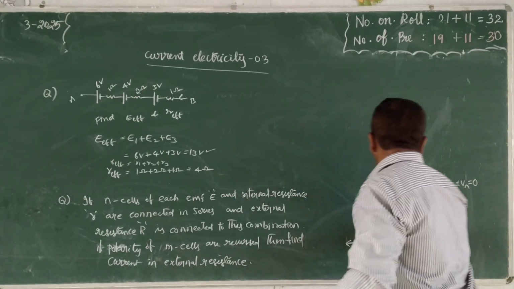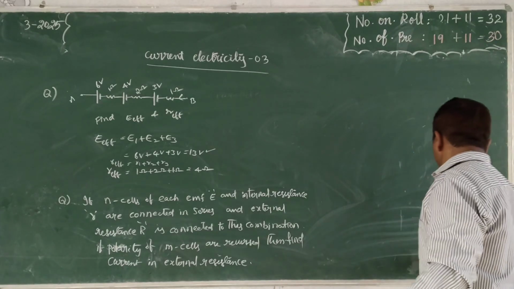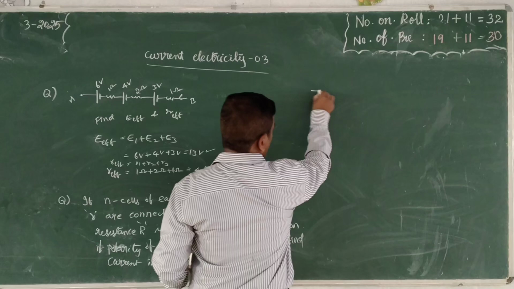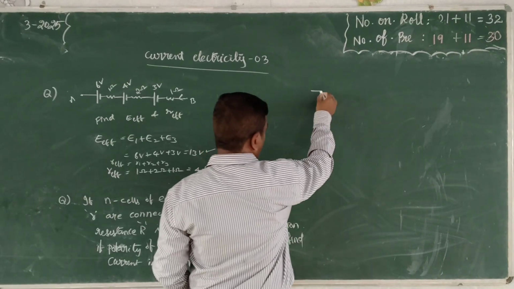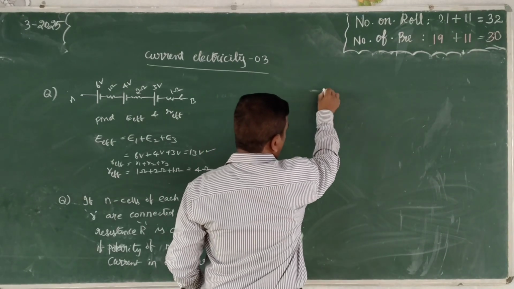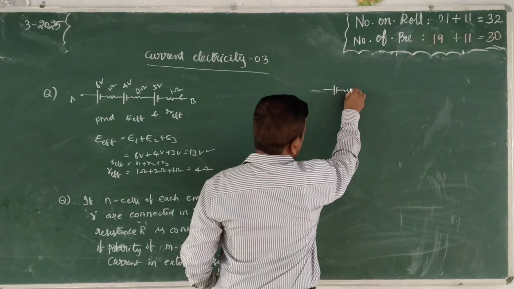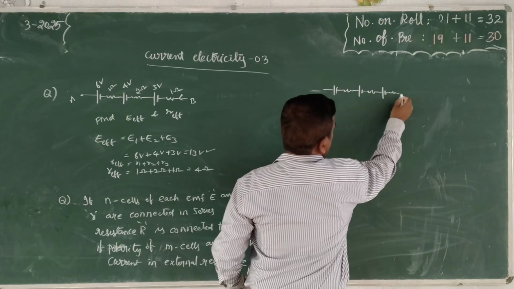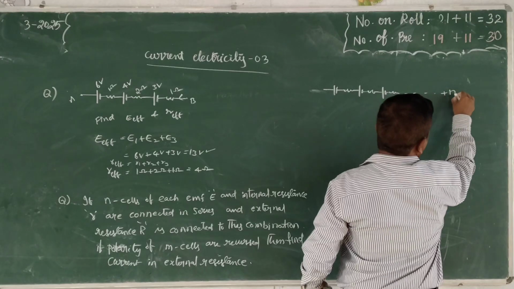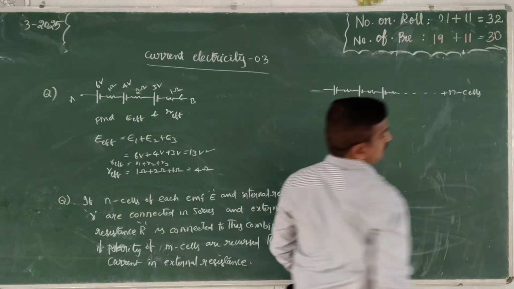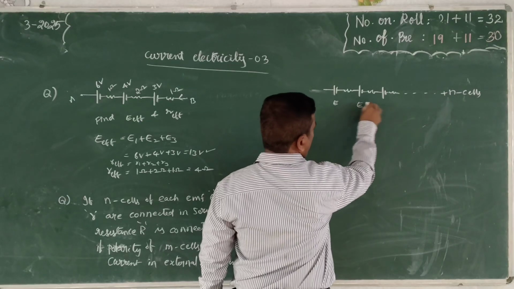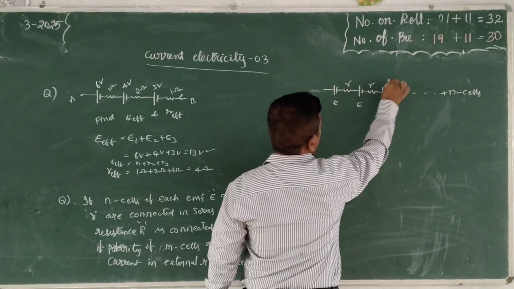So, for example, I write here n cells: 1, 2, 3, and so on. N cells are connected in series. Each has EMF E, here also E, and resistance r.